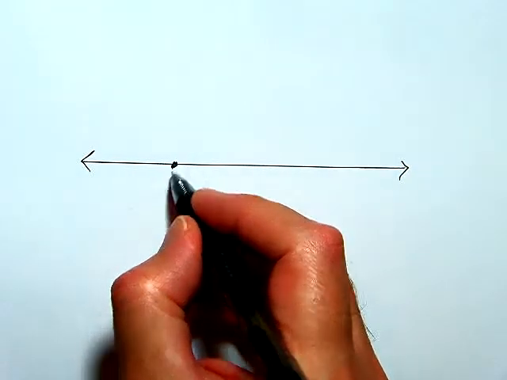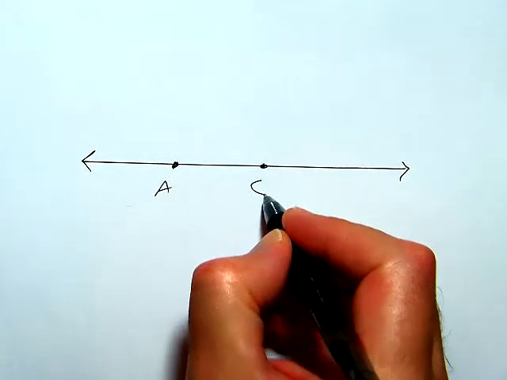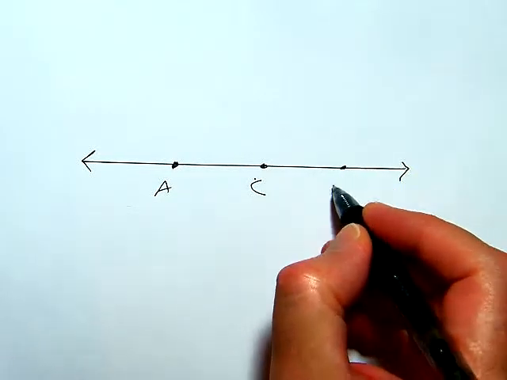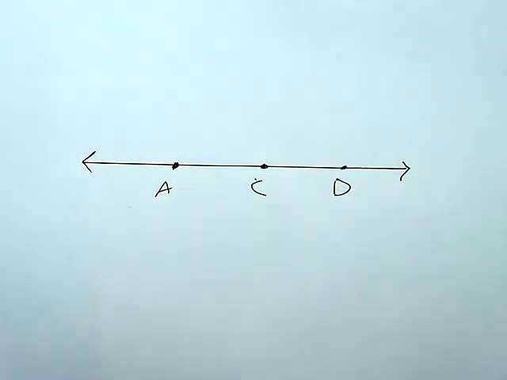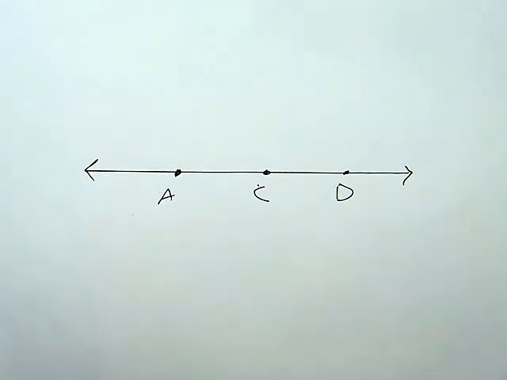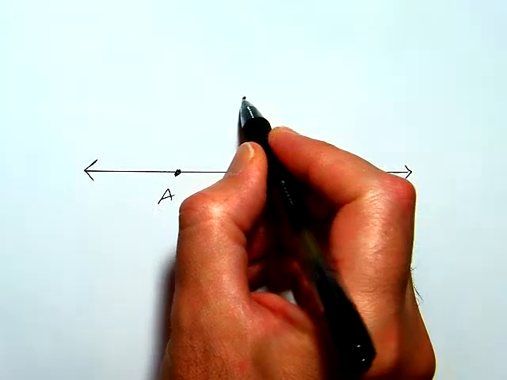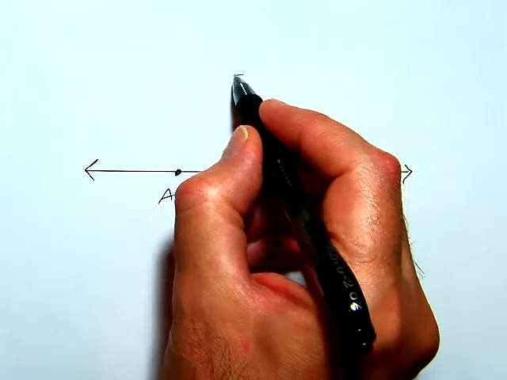Let's call them A, C, and D. So we've got ourselves 3 collinear points A, C, and D. And now let's pick any point that's not on the line. We'll just make it above the line. And let's label that point E.